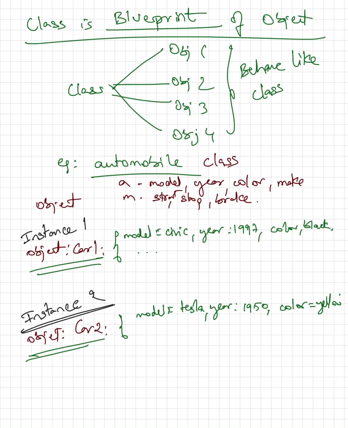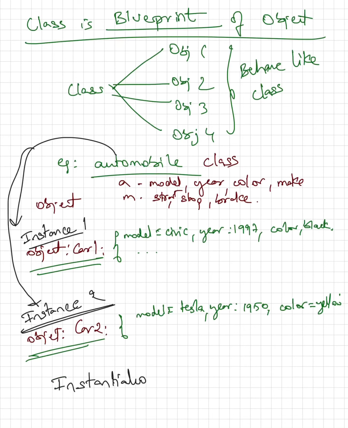It sounds more appropriate if we have events, but in this case we can say car1 is an instance of class automobile. Car2 is an instance of class automobile. So this concept is called instantiation.